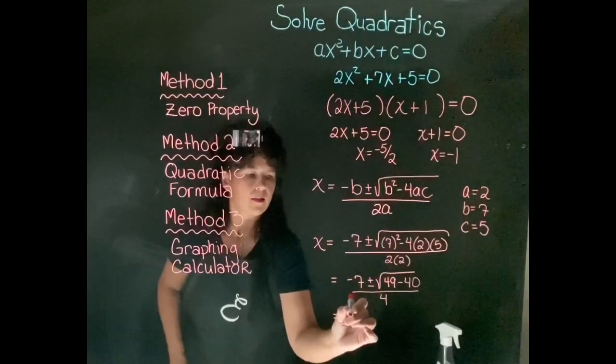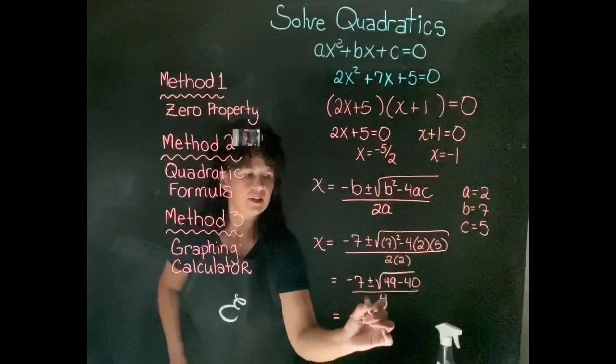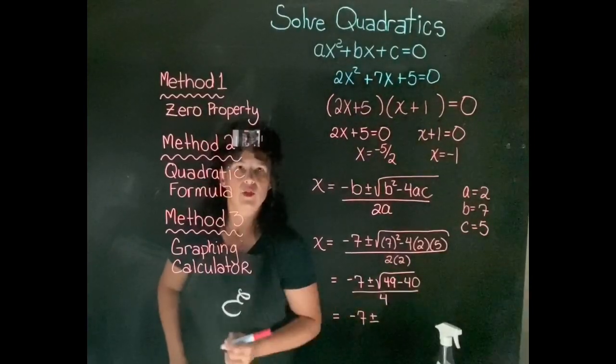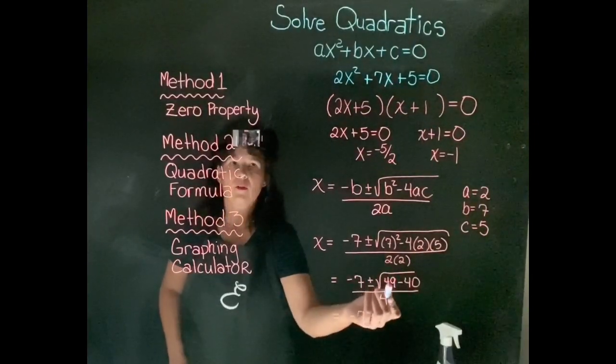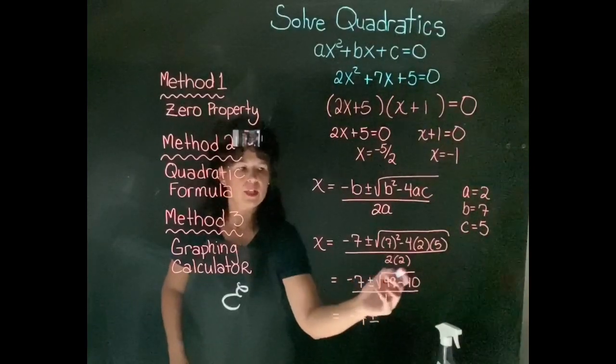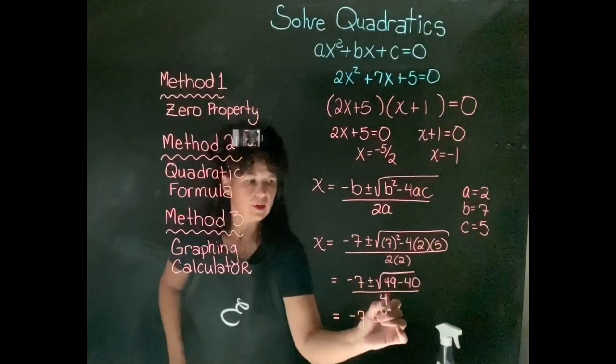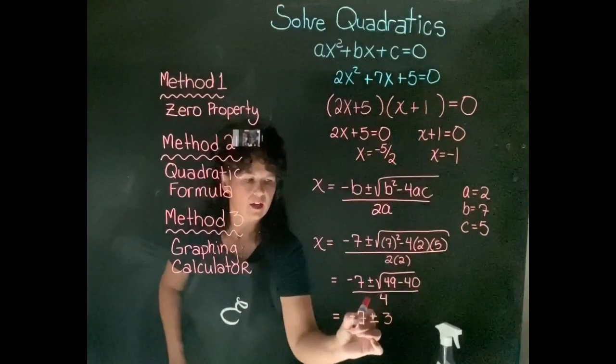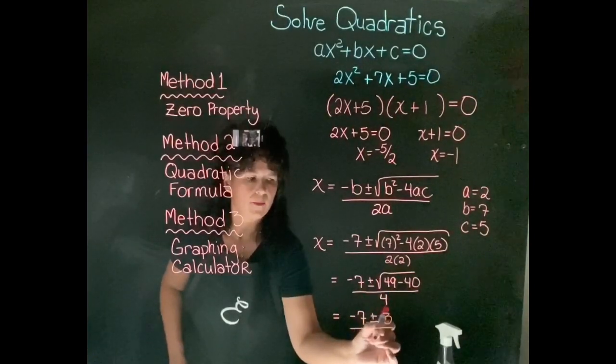Then we have negative 7 plus or minus. I'm going to do a couple steps at the same time. 49 minus 40 is 9, and we have the square root of 9. And the square root of 9 is 3, all over 4.